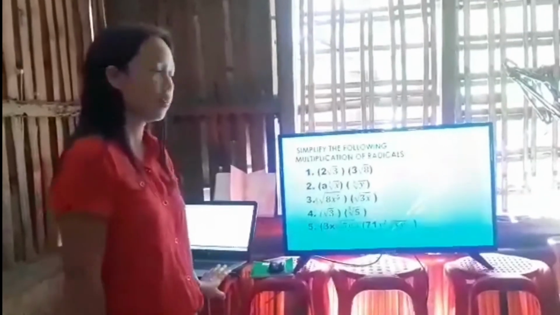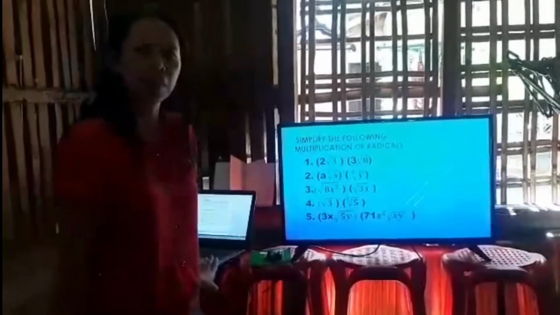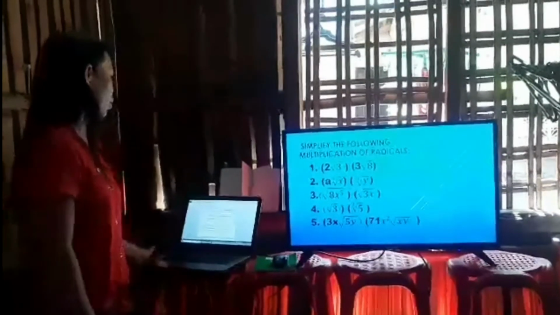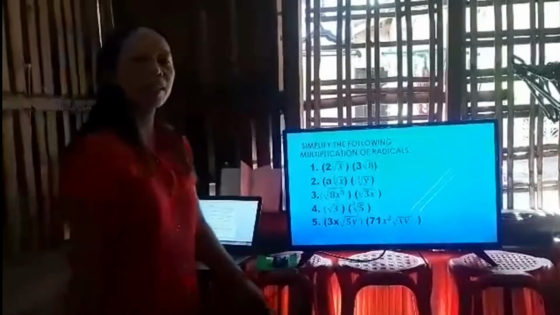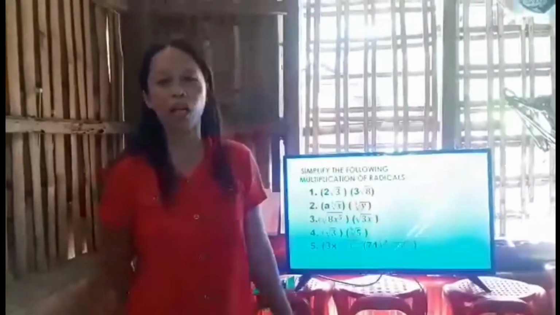So, very good. Can you multiply a radical which is not the same index? No, because we cannot simply directly multiply because the indexes are not the same. So what are you going to do with that index? You are going to transform to the exponential form.